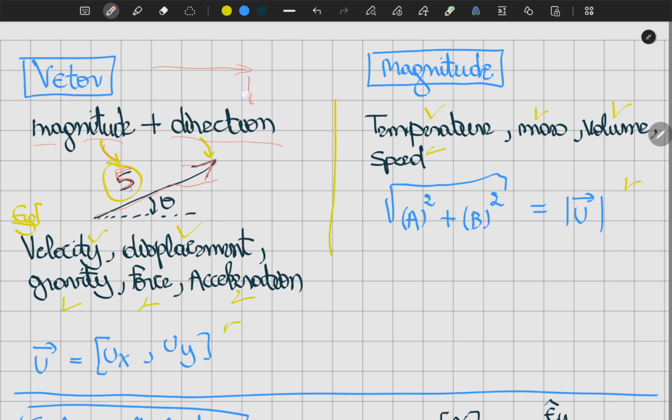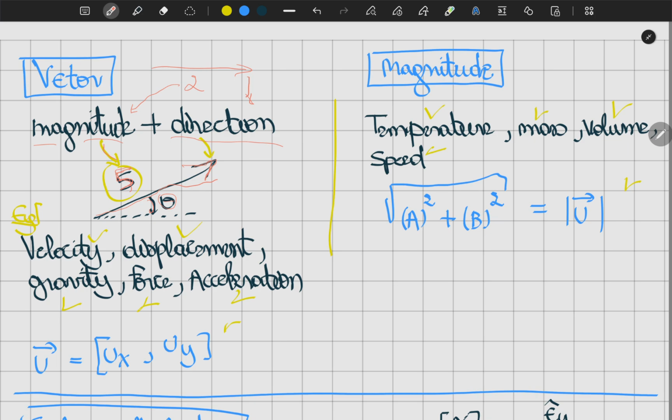So this one is the direction, and if it was 2, that would be the magnitude, and then this is what we got as the angle. For example, you can find the angle.